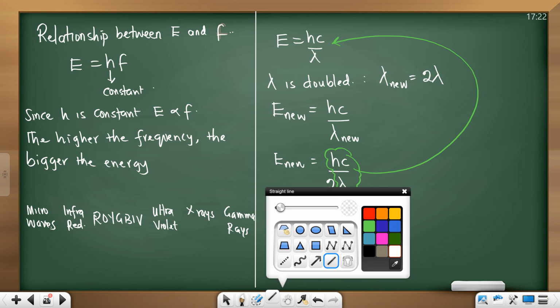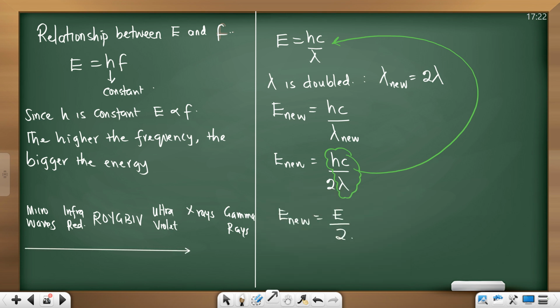So if you remember, we said that as you move down, wavelength decreases, and energy increases.